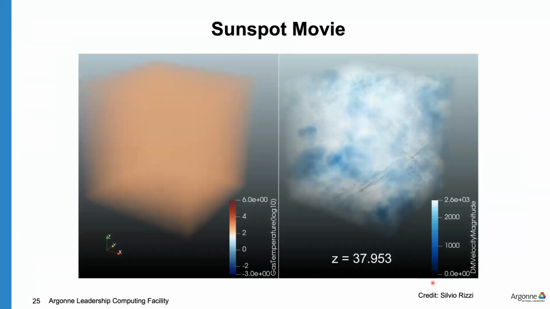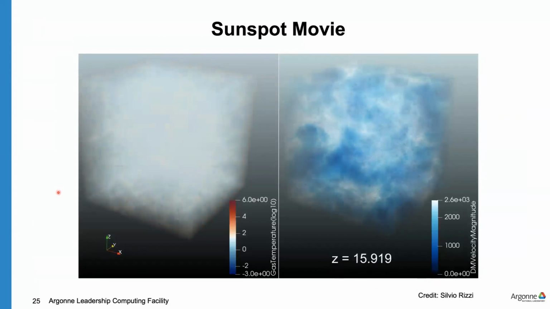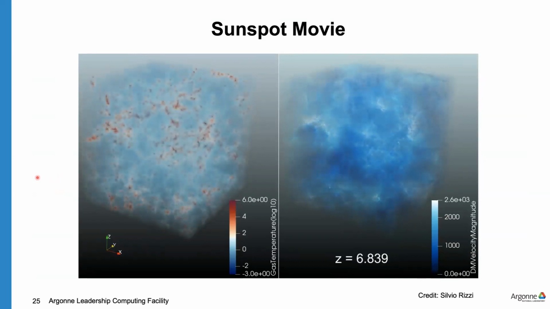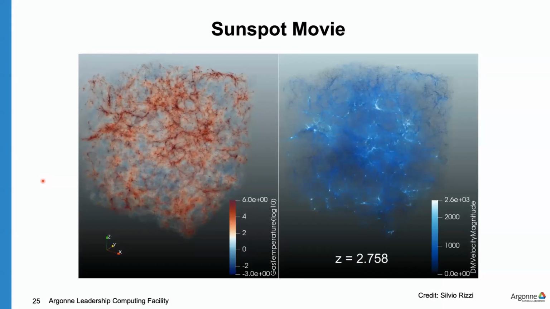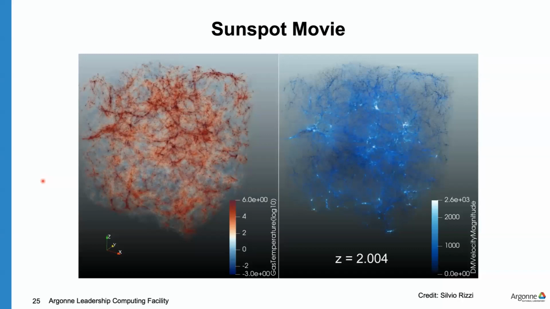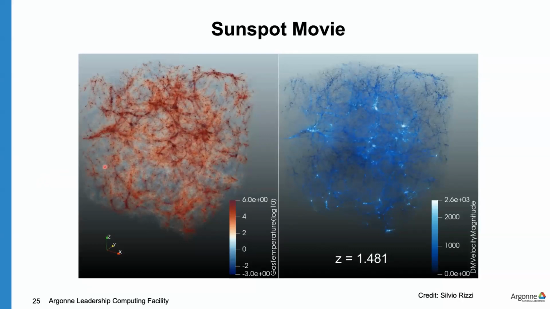So here's the movie. On the left panel, you're seeing gas temperature, and on the right panel, you're seeing the velocity magnitudes. As the simulation progresses, you're seeing the matter clustering that happens in a simulation.